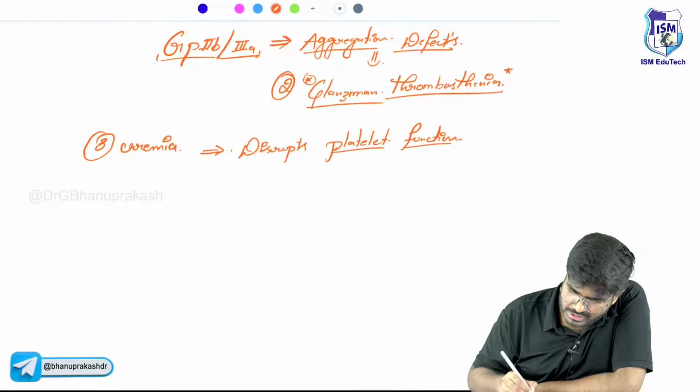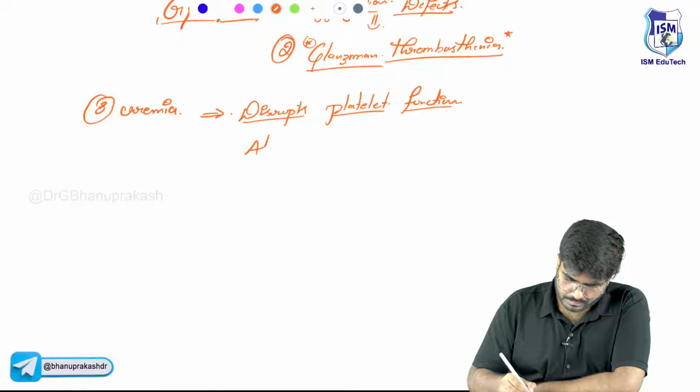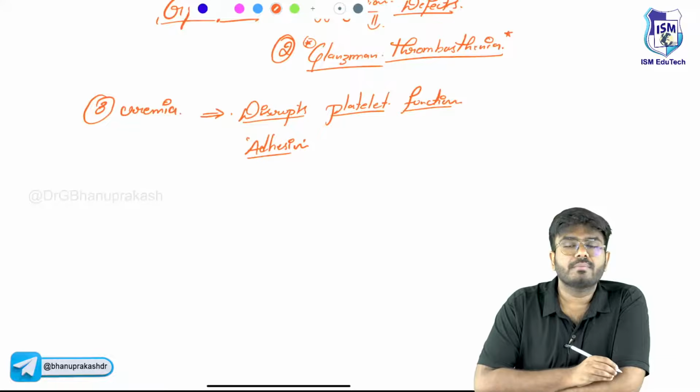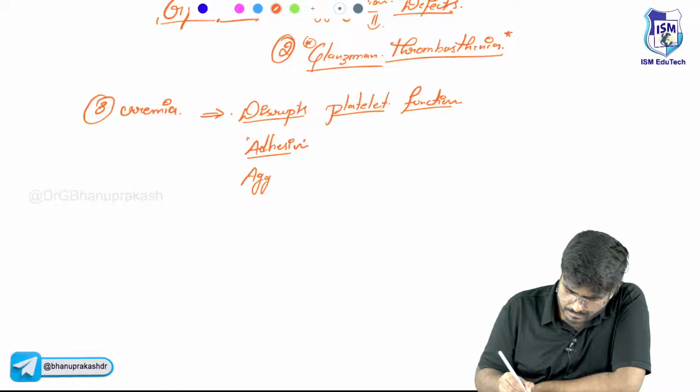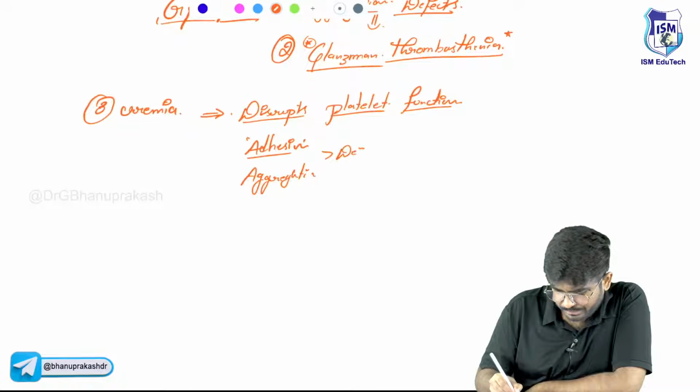So both adhesion and aggregation are going to be affected. So that's why in kidney failure, the patient is going to have bleeding. Adhesion and aggregation are going to be defective in uremia condition.